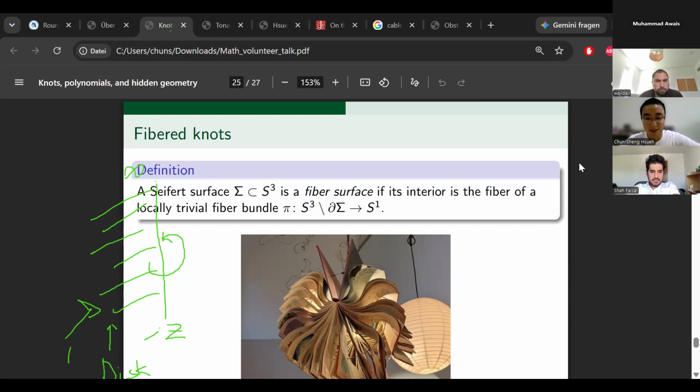I feel like the knot complement has the homotopy type of the complement of this fiber surface. So pi 2 might not vanish, but maybe the higher ones would vanish. I think in general they are also interesting invariants. Why are they the complement of a fiber surface?